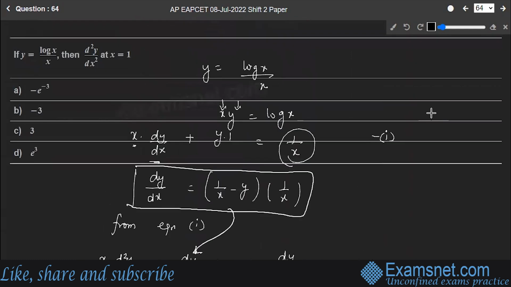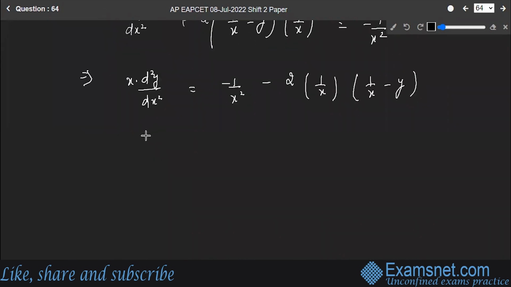You have to find out the second derivative at x is equal to 1. So at x is equal to 1, 1 into d square y by dx square is equal to minus 1 upon 1 minus 2 into 1 upon 1 into 1 upon 1 minus y.